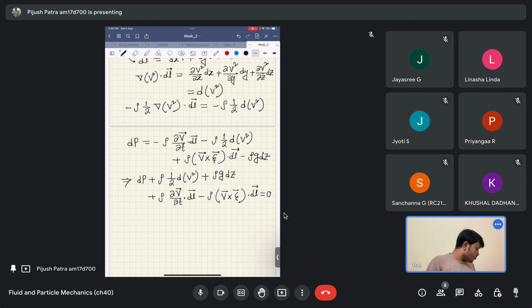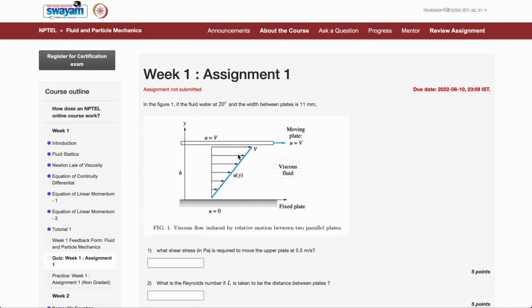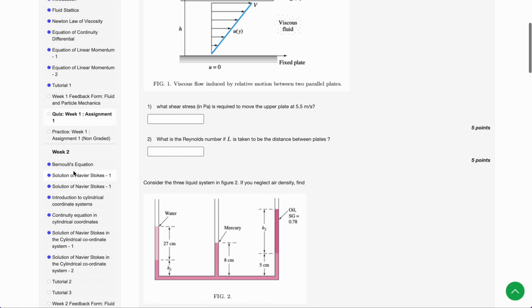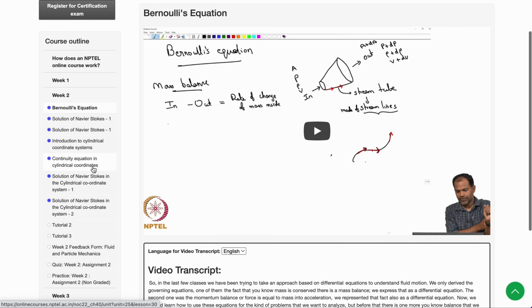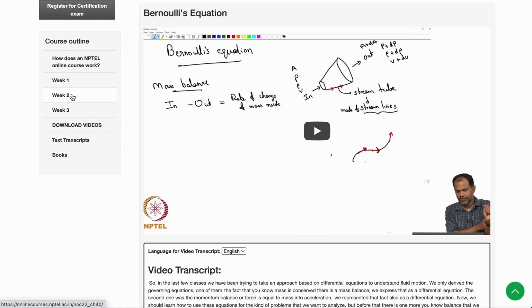What you know so far, in class he taught about Bernoulli's equation, right? In the second class he discussed Bernoulli's equation, I guess. Anyway, fine.